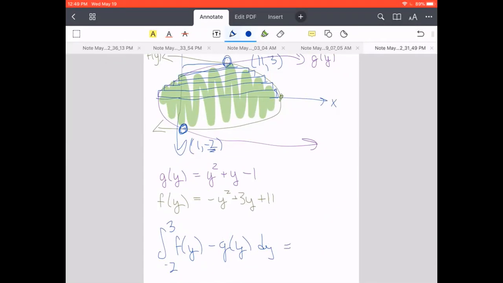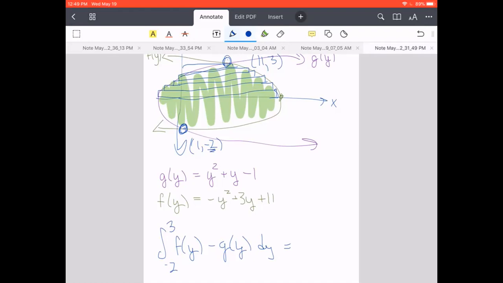When I put this into Wolfram Alpha or my calculator, I'm going to use Wolfram Alpha really quick. Integral of, make sure you use parentheses, or you could still do this separately. You could do the integral of f first and then subtract the integral of g next. That's fine.